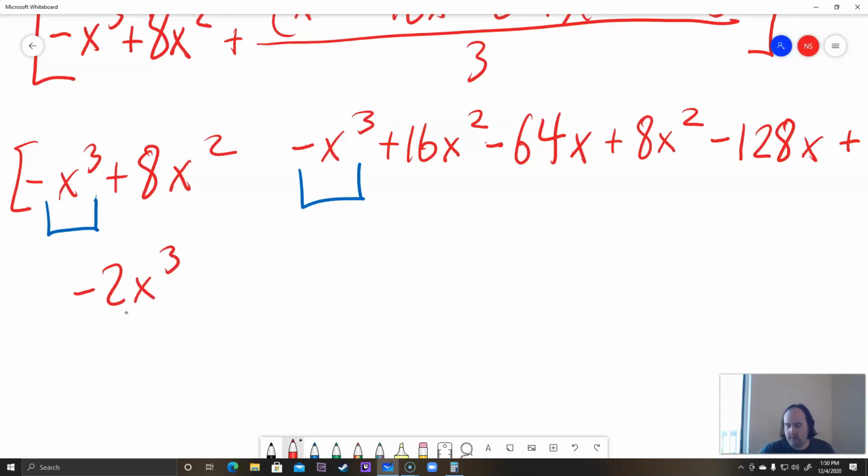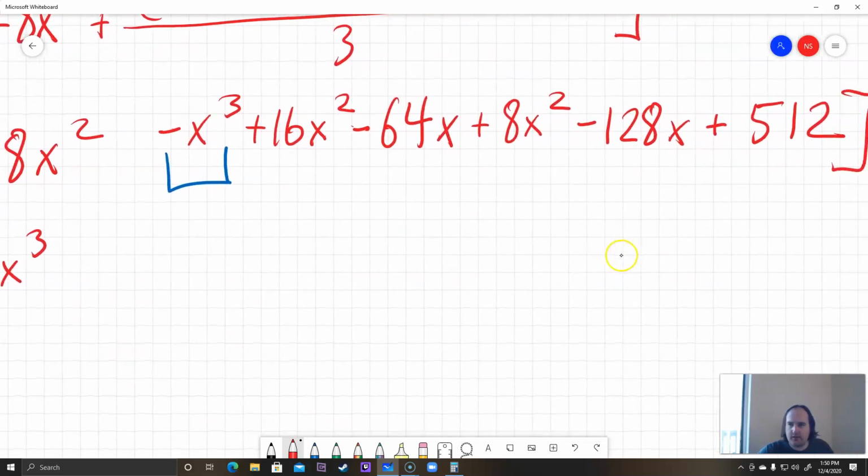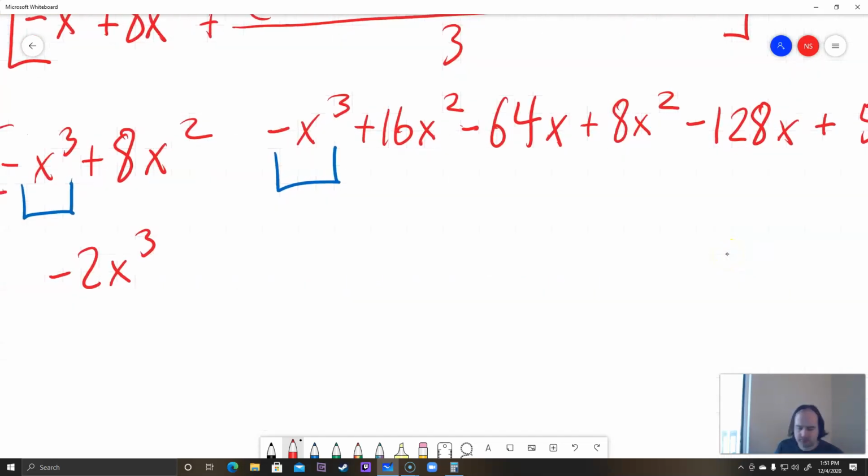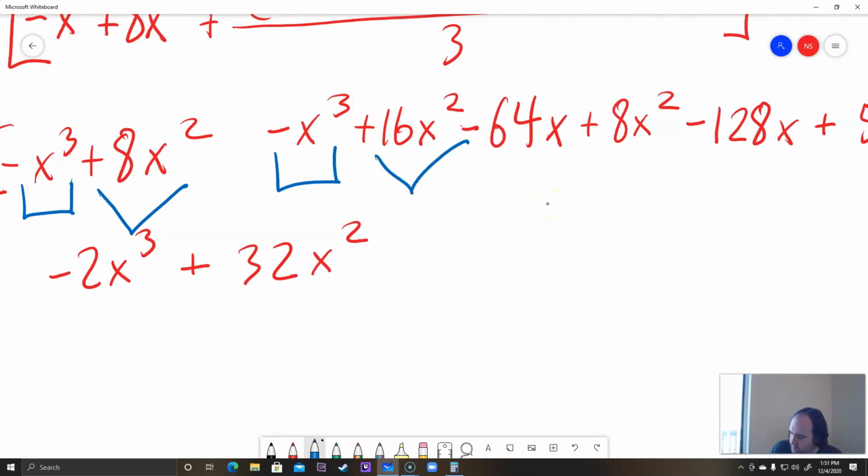And then we've got 8x squared plus 16x squared plus 8x squared. So that's going to be 24x squared plus 8x squared is 32x squared. Okay, so we have plus 32x squared. That's taking care of all the x squareds.